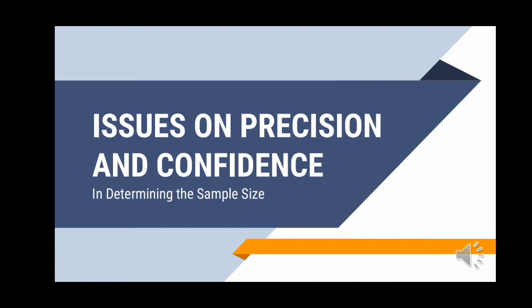Lagi nating tandaan na ang ginagawa lang ng mga probability designs na na-discuss ng mga previous reporters is to increase the probability na yung sample statistics will be as close as possible dun sa population parameter. Nakuha ba yon? If we're good, then let's start now on what precision and confidence are.